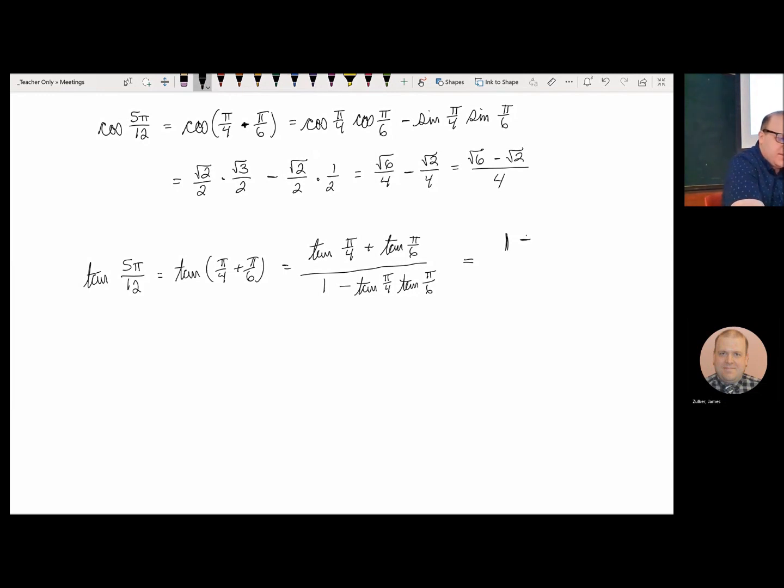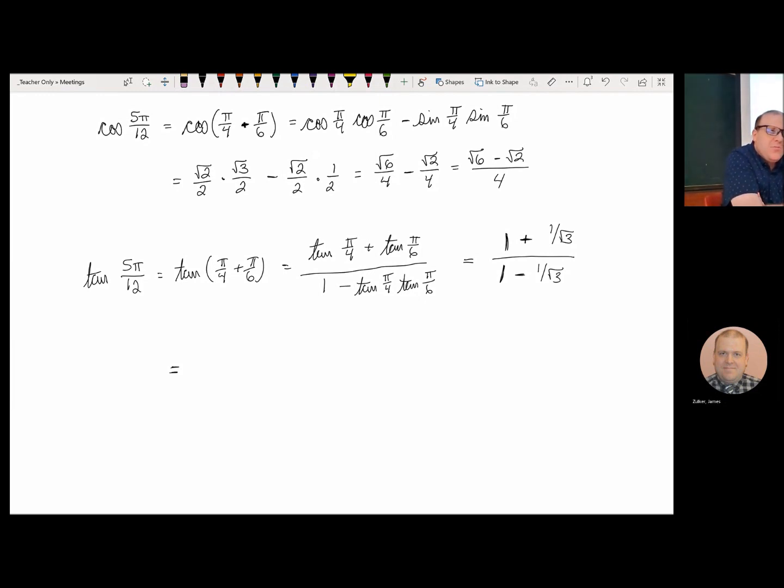Tangent of pi over 6. Factoring 1 over root 3 out from both the numerator and the denominator, all right, they're obviously going to cancel out with each other.